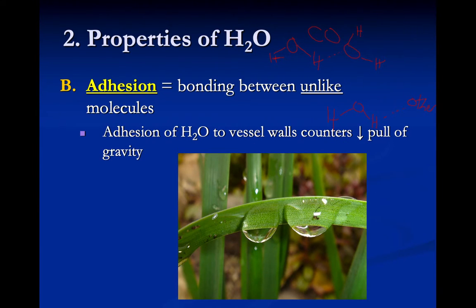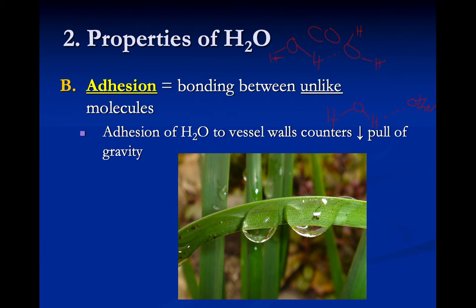We see a lot of this out in nature all the time. Plants show a lot of really cool examples. Here we have some water that is adhesive to this plant. The part that it's touching is not water, it's probably its waxy cuticle, and the water is hanging out on there.